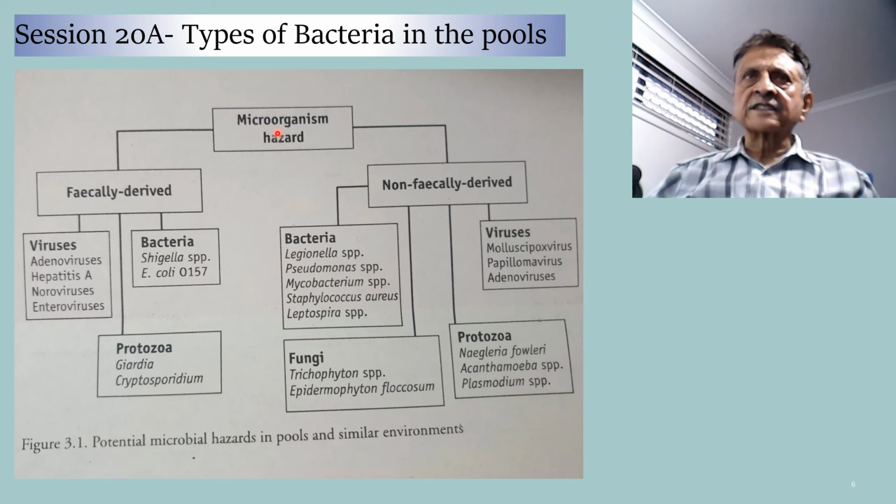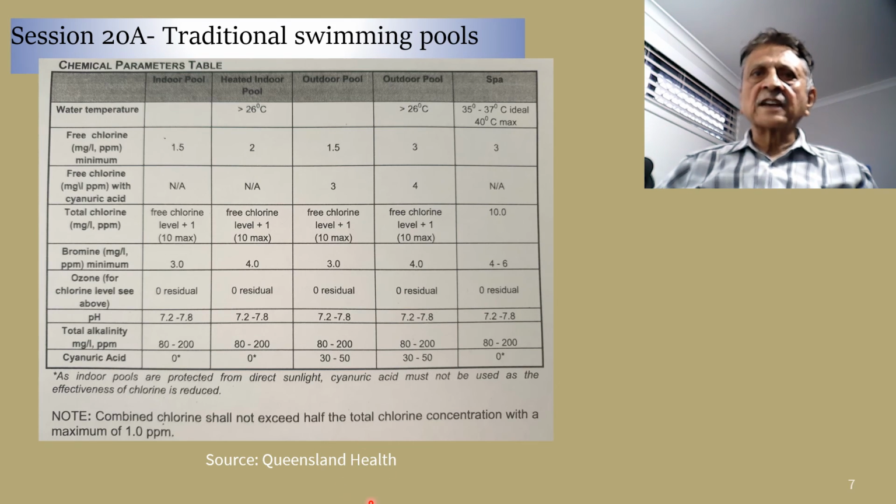Also, we have to understand that many swimmers do accidentally or otherwise drink the swimming pool water. The government has established standards for swimming pools, which all public swimming pools must follow, and all private swimming pools are strongly recommended to adhere.